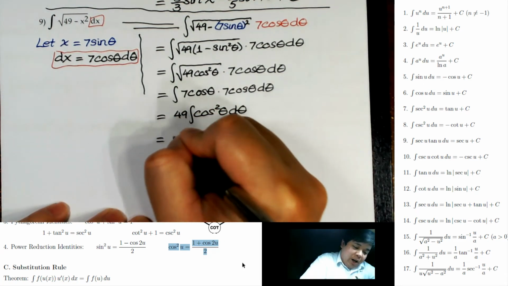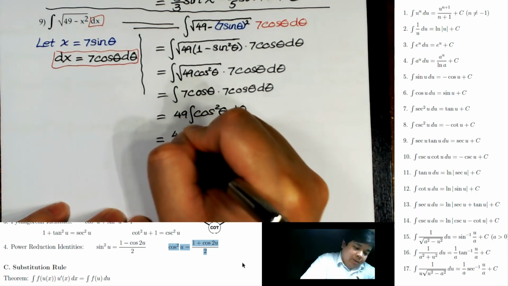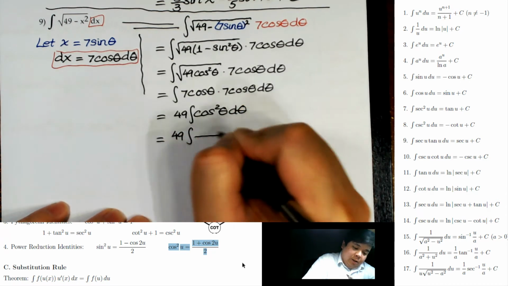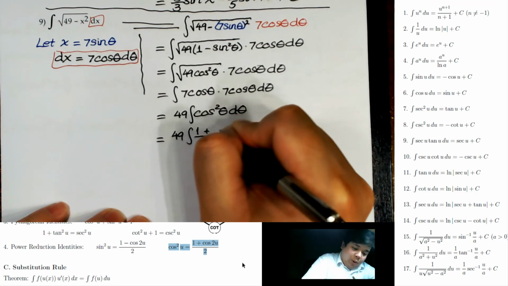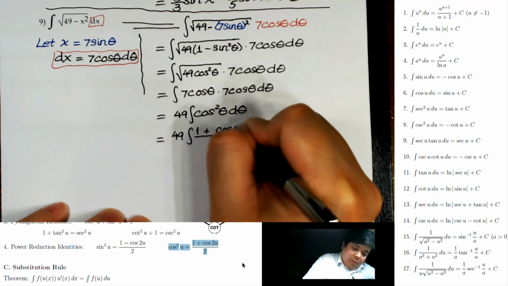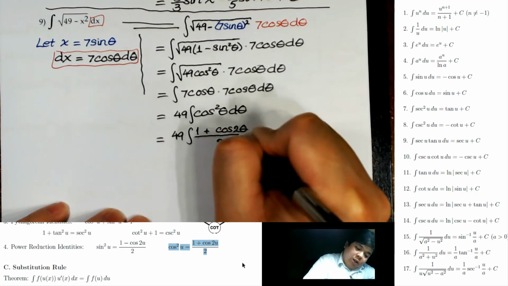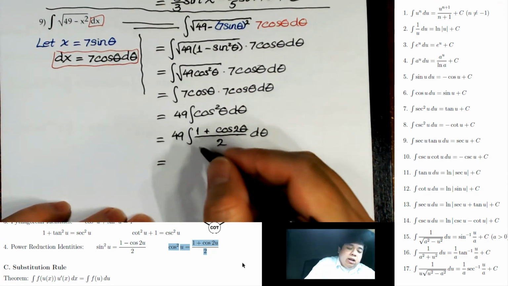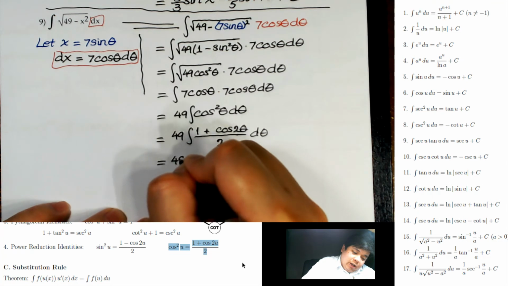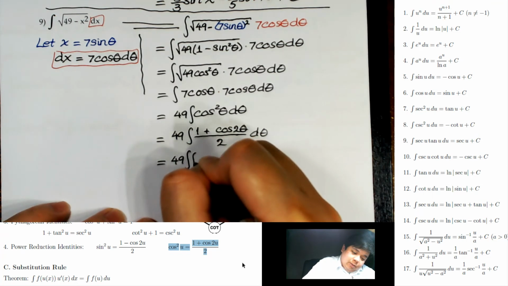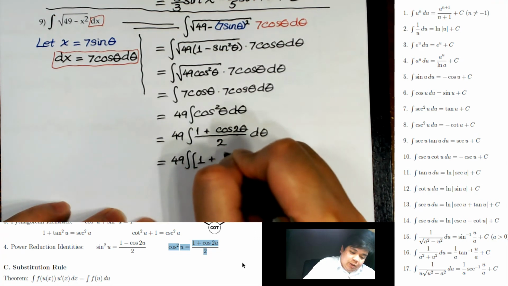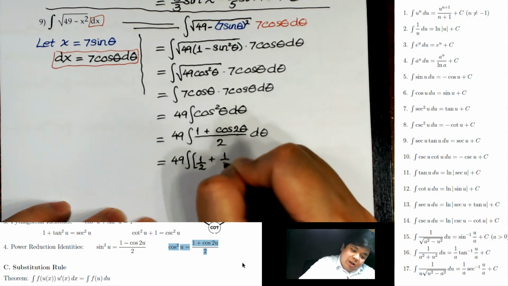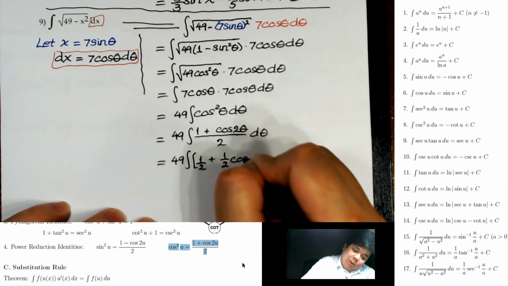So we have 49 times 1 plus cosine of 2 theta over 2 d theta. So 49 times 1/2 plus 1/2 cosine 2 theta.